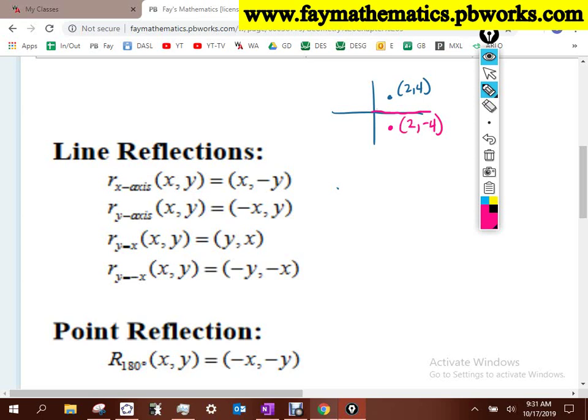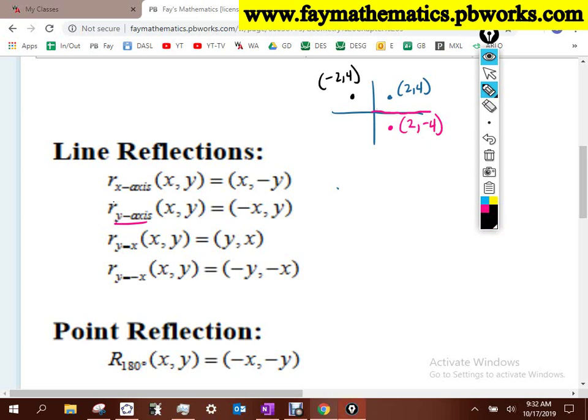Haven't we talked about when we did transformations yesterday that if there was a negative out in front, it negates the y value and flips the y value over the x-axis? That is analogous to what that rule told us in geometry. Every ordered pair that you have, you negate the y, and that effectively flips it over the x-axis. Okay? Well, if I flip over the y-axis, that point (2, 4) is going to become (-2, 4), right?